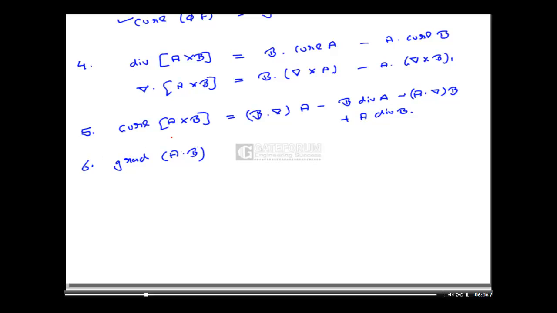A dot B is a scalar quantity, because the dot product of two vectors is a scalar. The result has terms B into curl of A plus A into curl of B. Okay, this is property number 6.